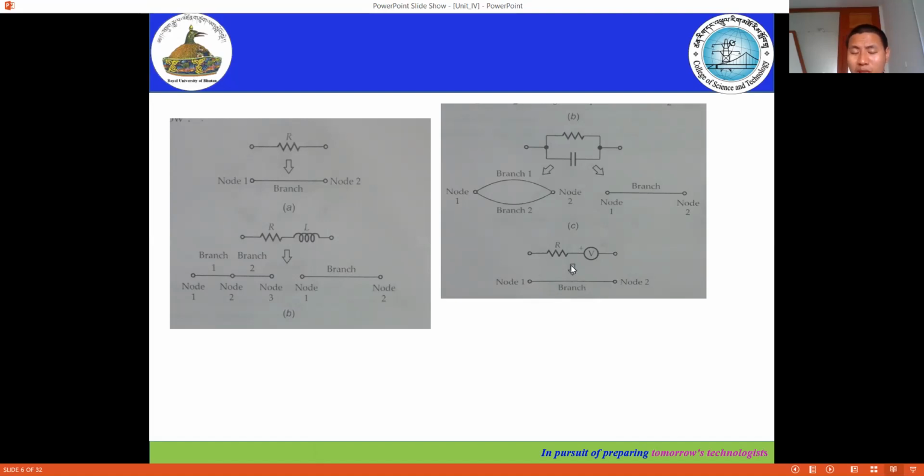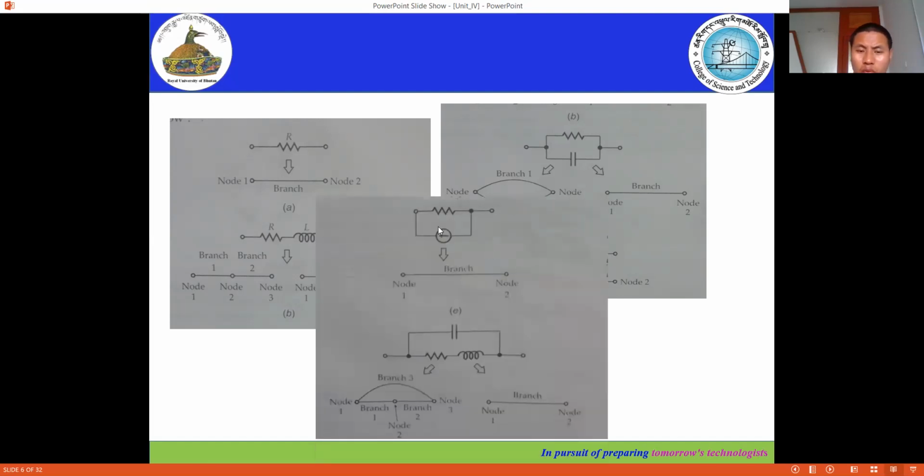Now this is the special case that we're taking with the current source and the voltage source. For the resistor or any impedance connected in series with the voltage source, we have to replace it with a single line. And similarly for the current source, when it is connected in parallel with the resistor or any other circuit elements, we can again replace it with a single line.